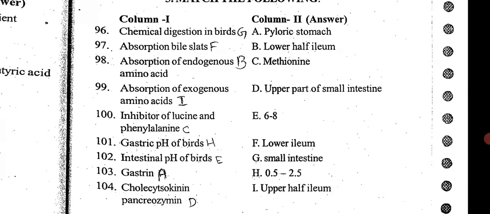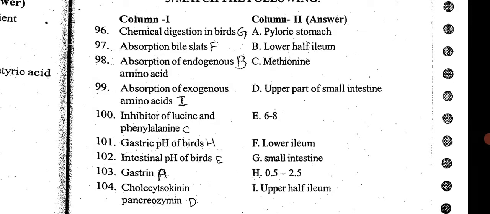And the inhibitor of leucine and phenylalanine is methionine. Poultry require amino acids. Major amino acids required in poultry are arginine, lysine, methionine, tryptophan, tyrosine, threonine.